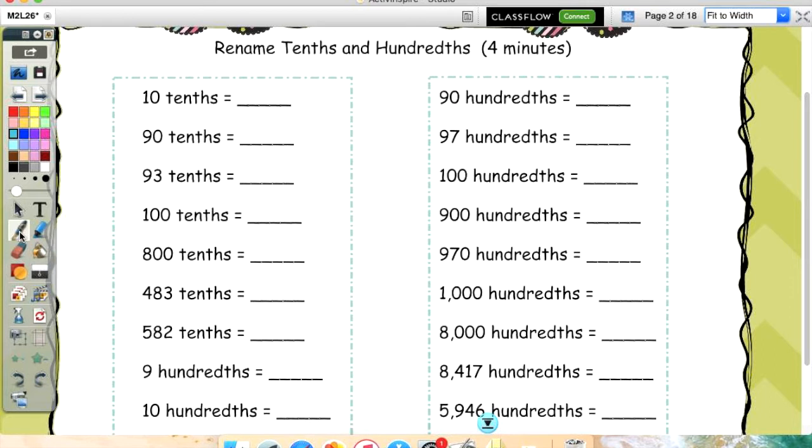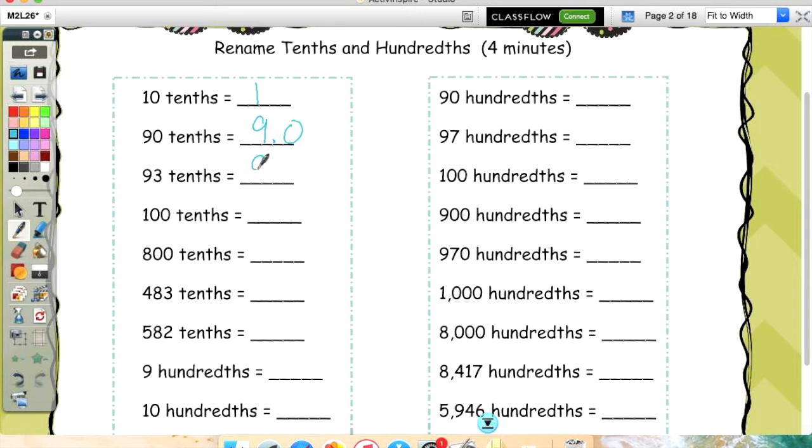So, the tenths place up here is going to have a 0. So, this is 10 tenths. Do I need to write the decimal in the 0? No. So this would be 90 tenths, correct? But what do I not have to write?